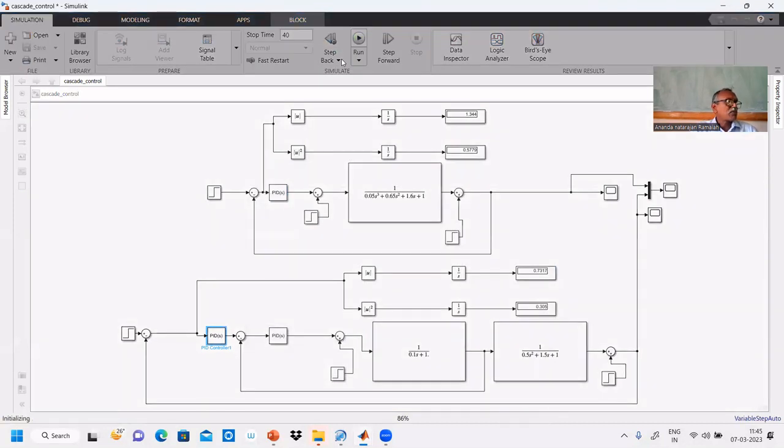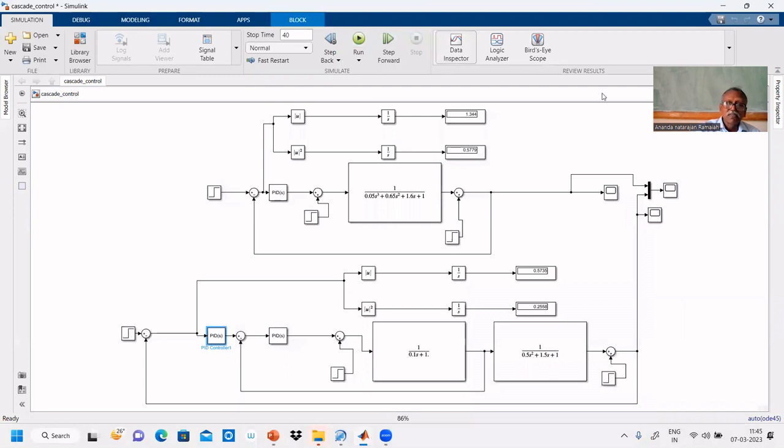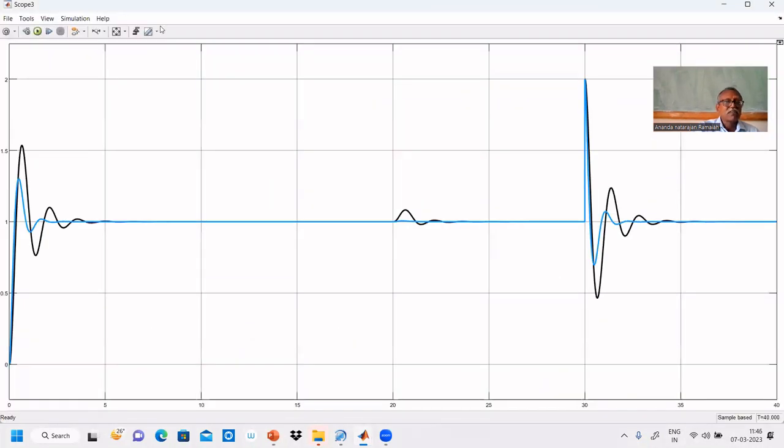For 19.8, this process becomes unstable. But in cascade control, if you implement it, you see the dynamics. I gave 19.8, and it is still stable. That's why cascade control improves stability also.